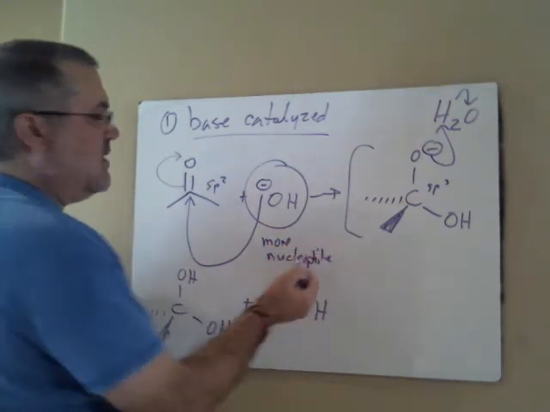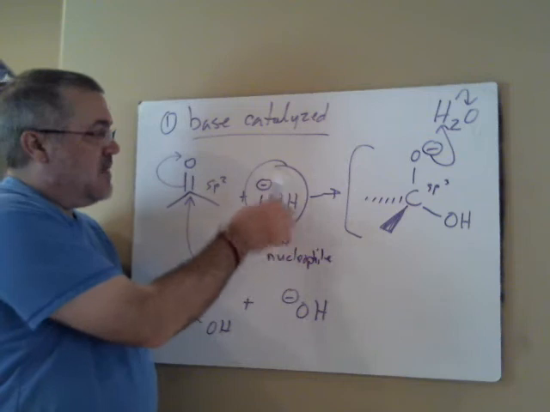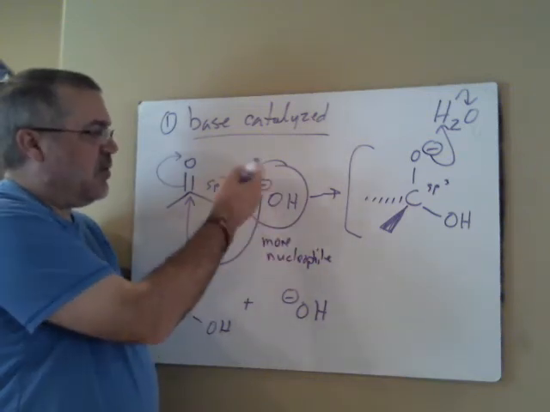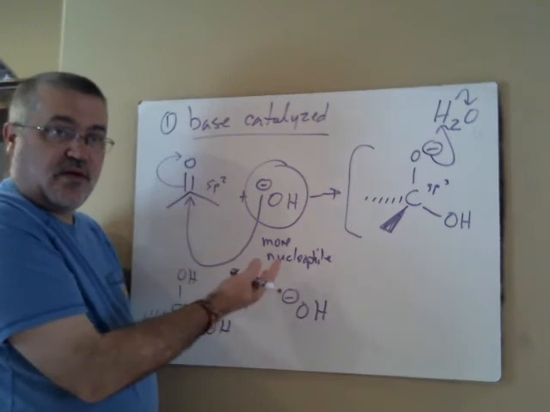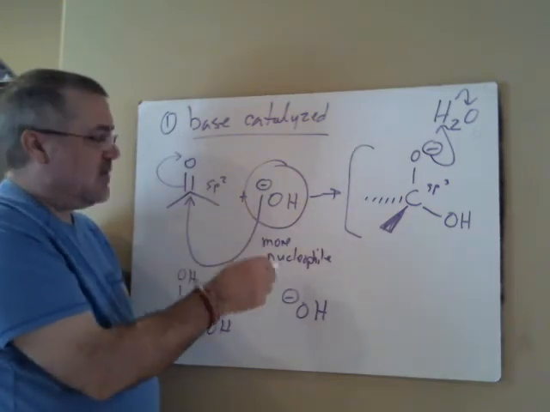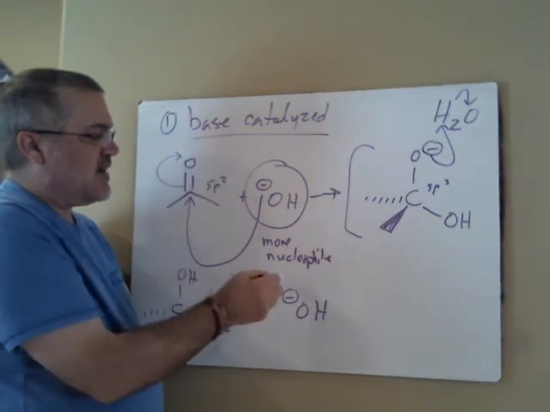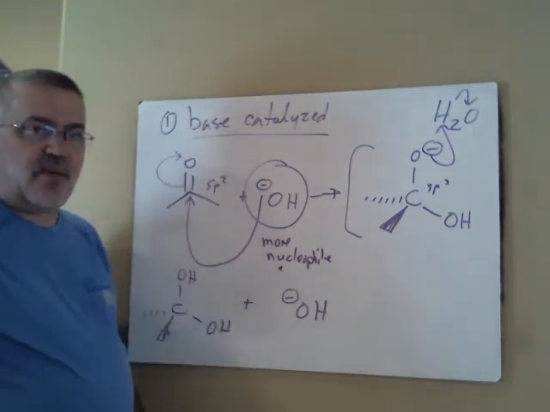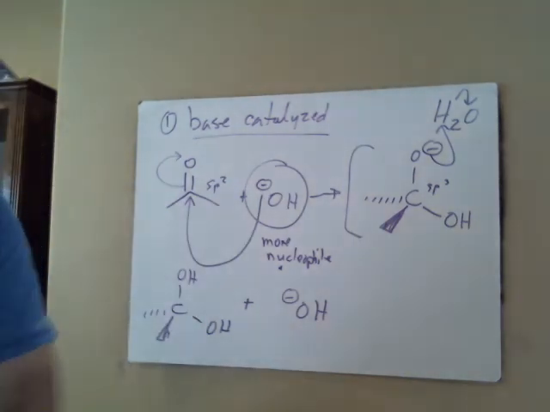It basically takes your nucleophile and makes it even more basic, because the base is going to pull a proton off of whatever your nucleophile is, making it more nucleophilic. So it's catalyzing the reaction by making the nucleophile more nucleophilic. That's how base catalysis works.